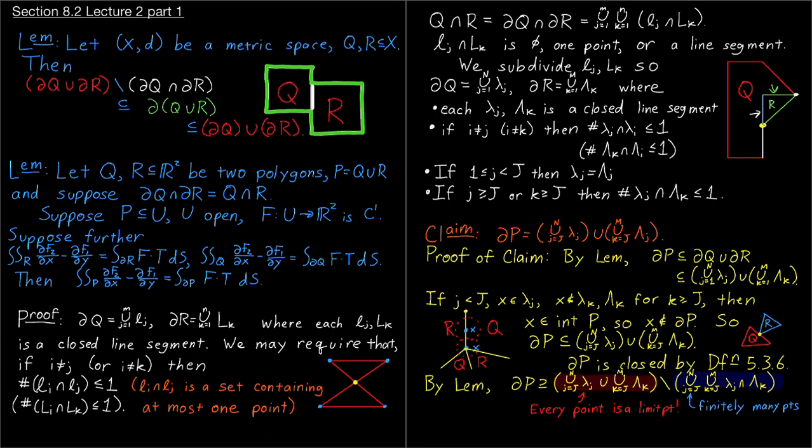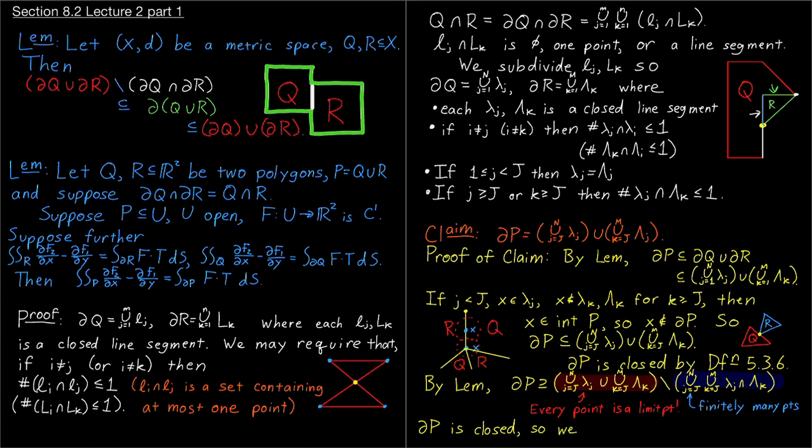So that means that you can't delete finitely many points from a set like that. If you deleted finitely many points, it would not be closed anymore. So we can't. So we know that every point we could potentially be deleting is a limit point of the stuff we have to keep.